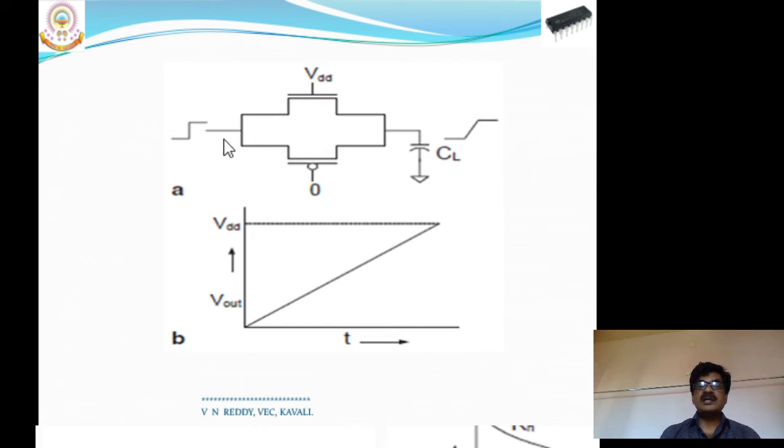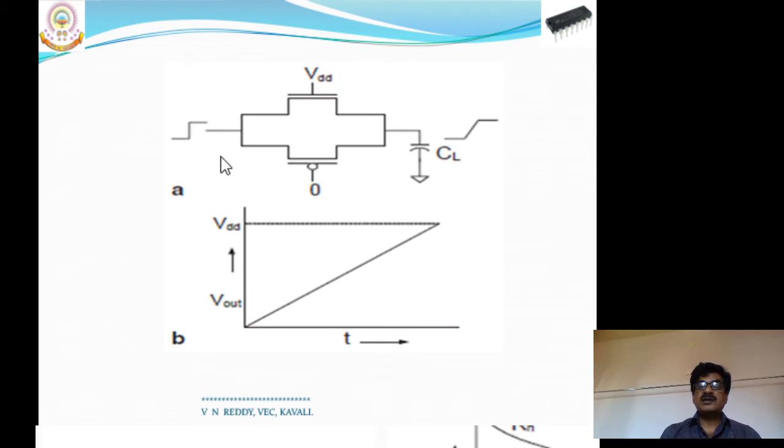So what happens at the input? The transition happens very fast, a sudden change from 0 to VDD. But at the output, because of the large capacitance value, the output may not change suddenly. The output slowly varies from logical 0 to logical 1, that is VDD.